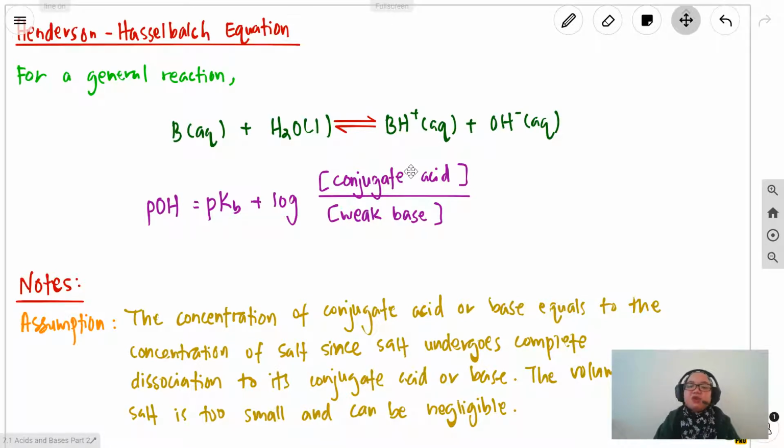Okay, and you can also assume that the volume of salt is too small and can be negligible. Okay, so there are a few assumptions that you can use when you are doing the calculation after this. Okay, so that is all for part 2. Okay, so the video for calculation of buffer solution will be uploaded after this.